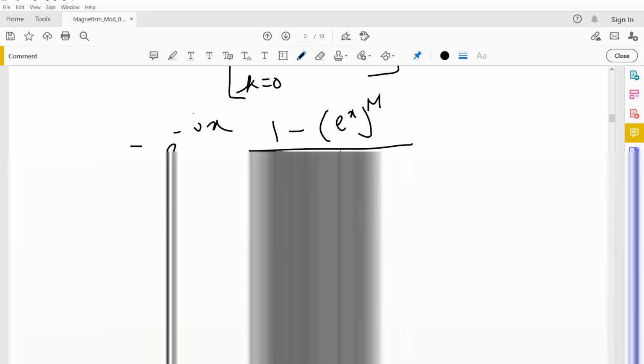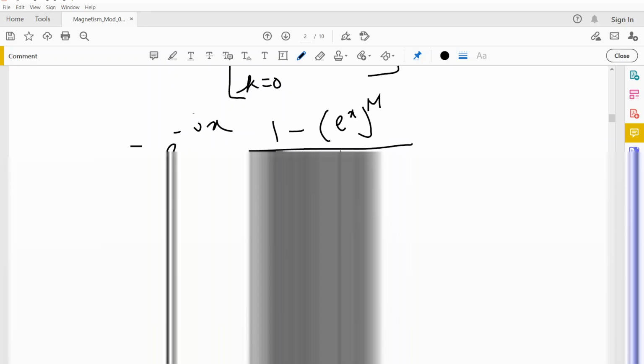We want to use the formula that e to the power x minus e to the power minus x, divided by 2, is sine hyperbolic x. So this is the relation we want to use for this expression. On the top we have 2 times sine hyperbolic (j plus half)x, and on the denominator there should be a hyperbolic function, so we have sine hyperbolic x by 2, because it's just x by 2.